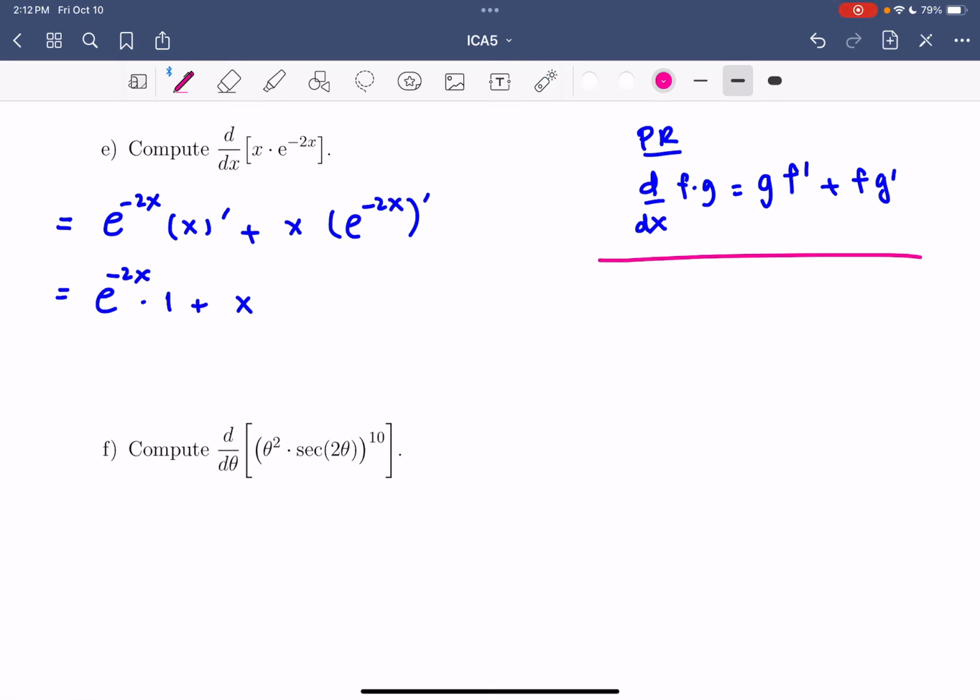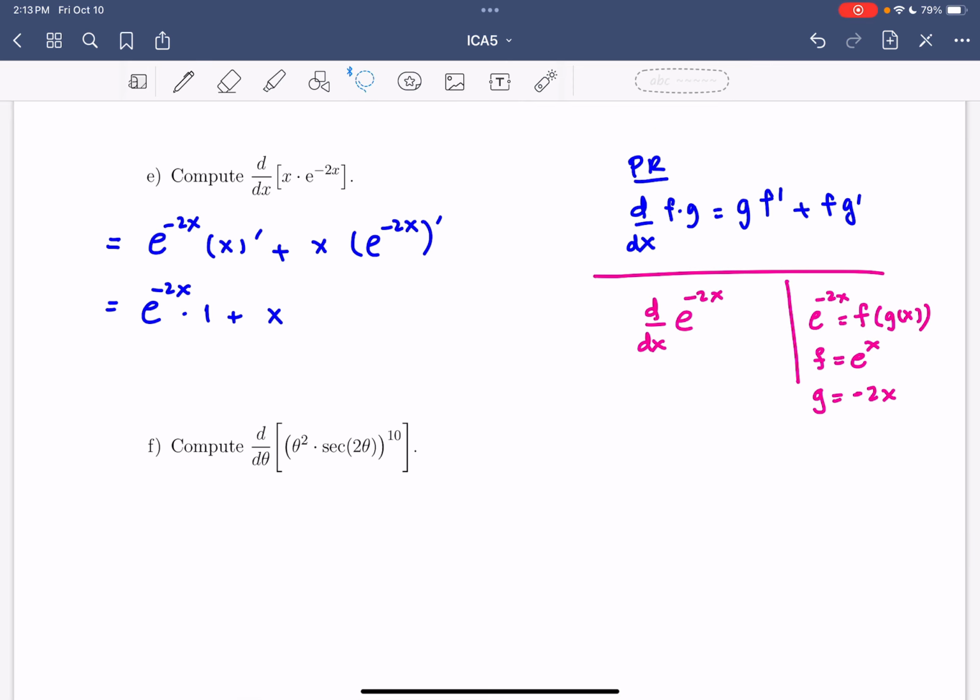So let's say I want to find the derivative with respect to x of e to the negative 2x, and I want to write it as f of g of x. Then my outer function f is e to the x, my inner function g will be equal to negative 2x, okay?